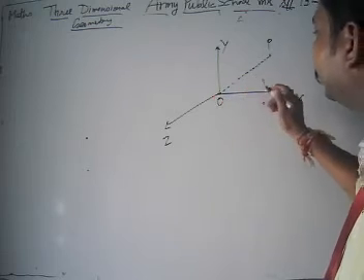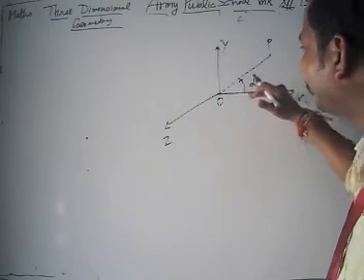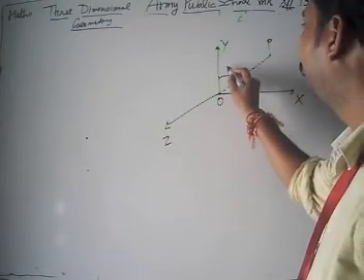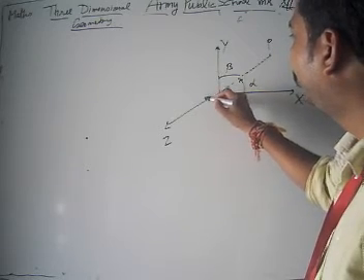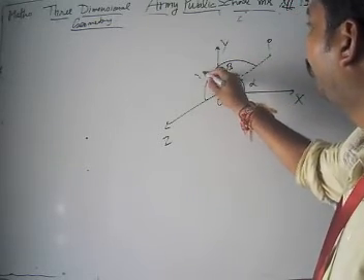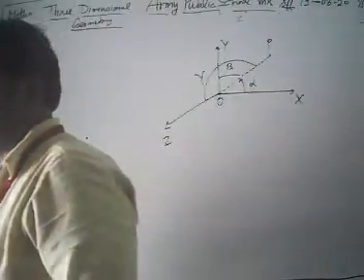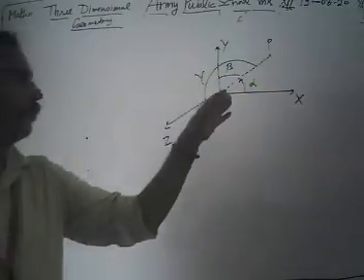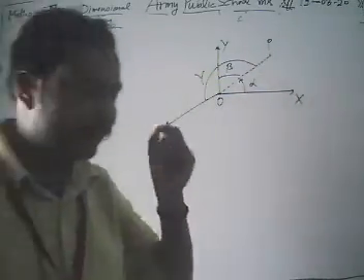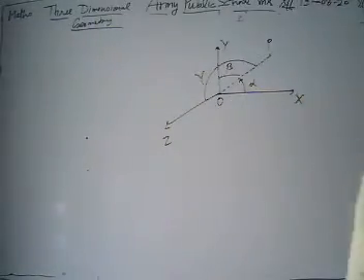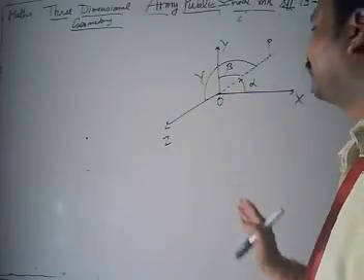Now suppose it makes an angle alpha from the x axis, angle beta from the y axis, and angle gamma from the z axis, in the positive direction. This alpha, beta and gamma are known as the directed angles, in the positive sense of the x, y and z axes.